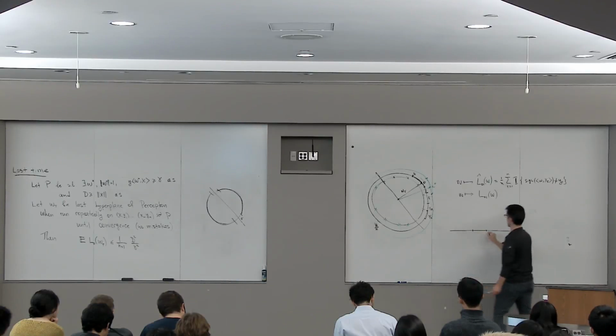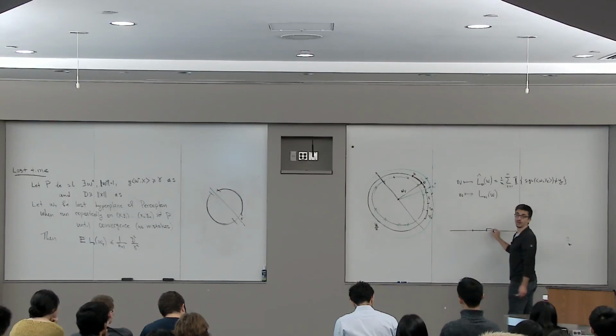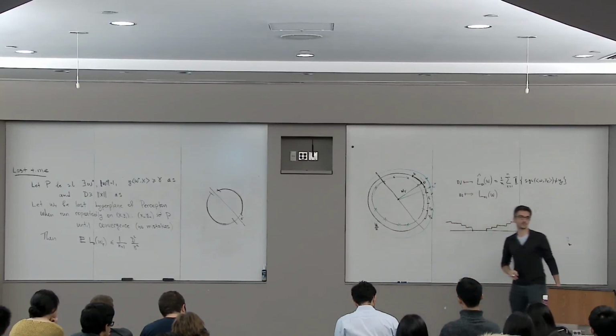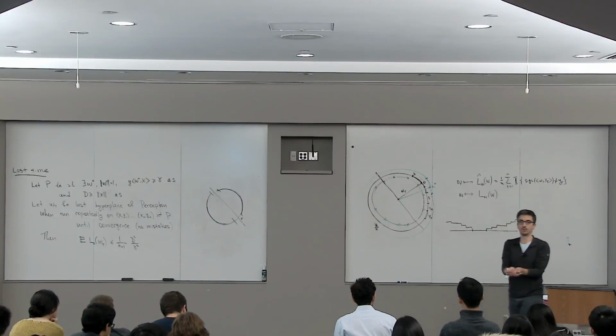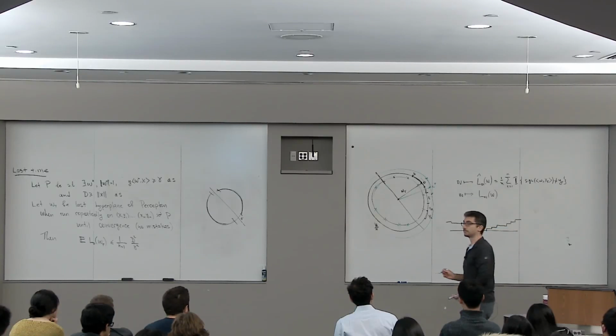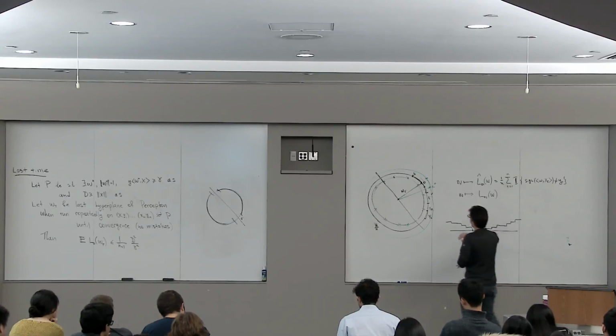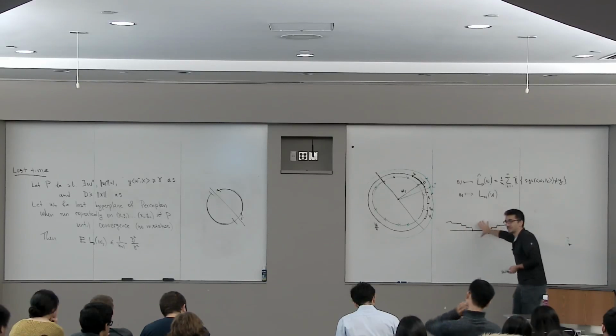It was 0, and then it went up by 1 over n, and then 2 over n, 3 over n, 4 over n. So it goes like this. This is my empirical profile. I'm just unrolling 2 pi into a line. But again, this is not generalization. That's not out of sample. That's in sample.